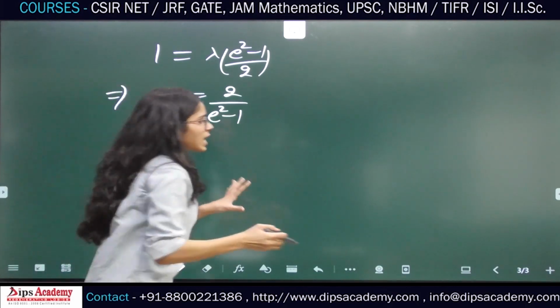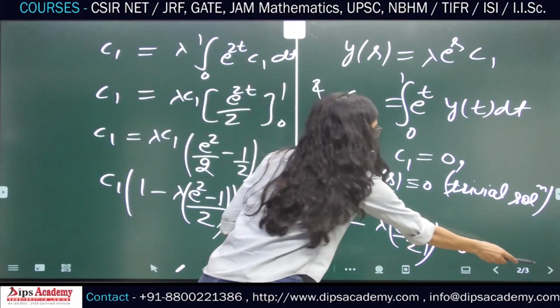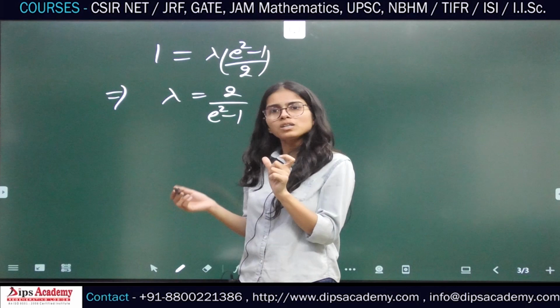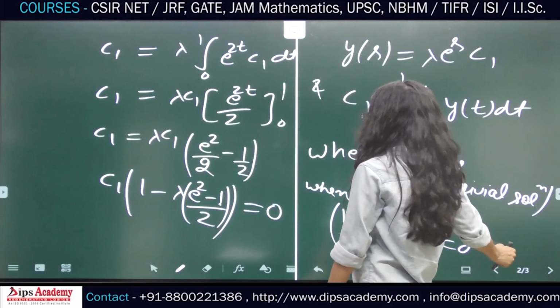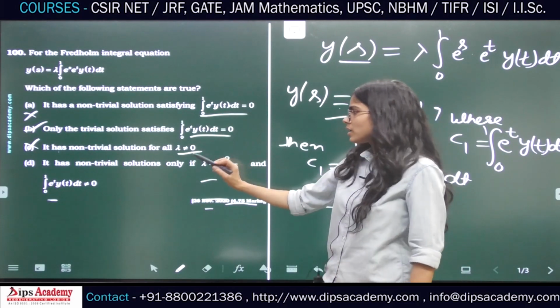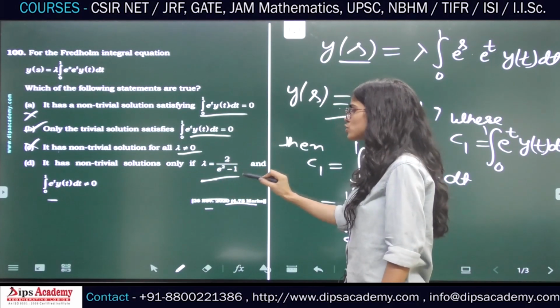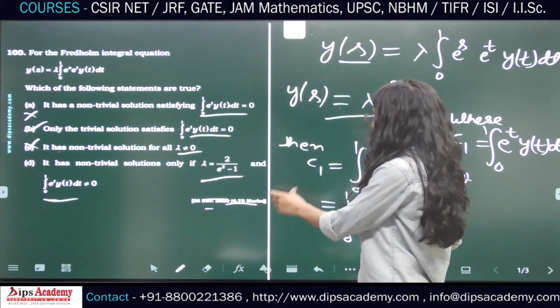So whenever we take c1 non-zero, we get lambda equals 2 by e square minus 1, and in this particular condition we get our non-trivial solution. So it has non-trivial solutions only if lambda equals 2 by e square minus 1 and the integral of e power t y of t is non-zero, that is, c1 is non-zero.